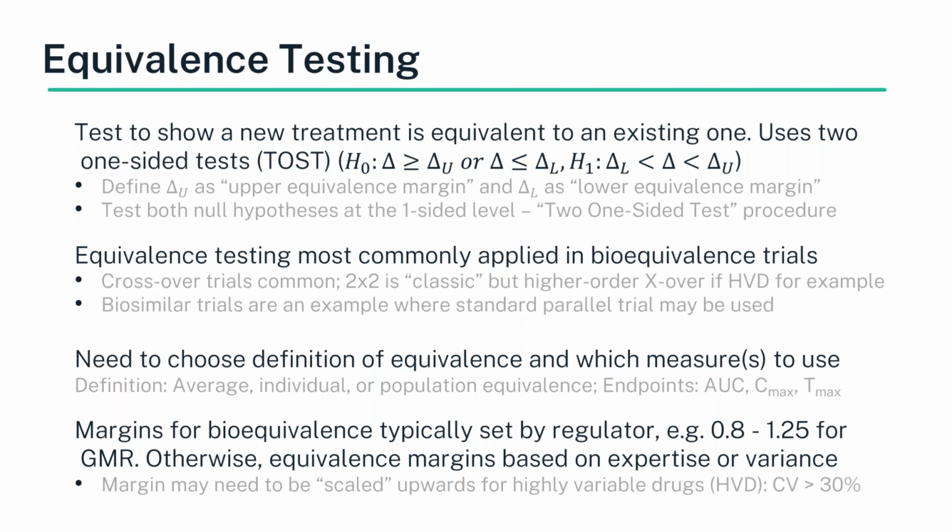That would be typical, but of course, it can also be based on expertise or variance as well. The margin might be scaled up for highly variable drugs, which are drugs that have within-subject variability of greater than 30%.